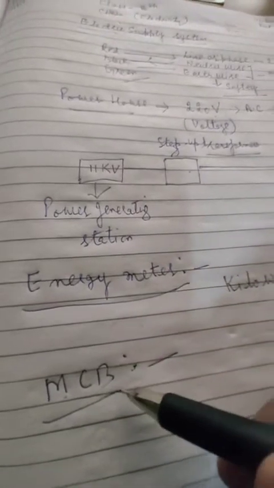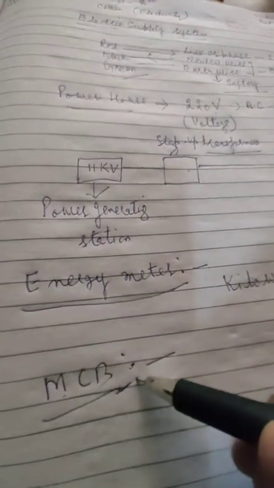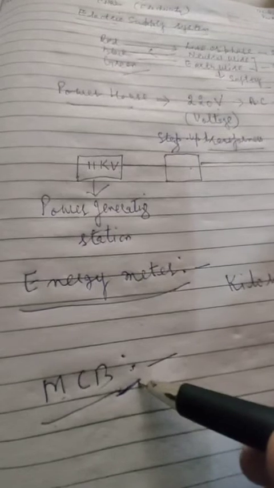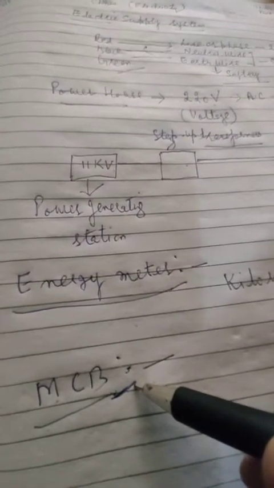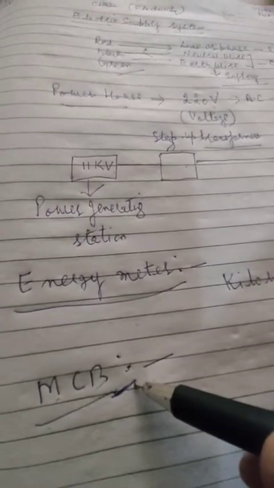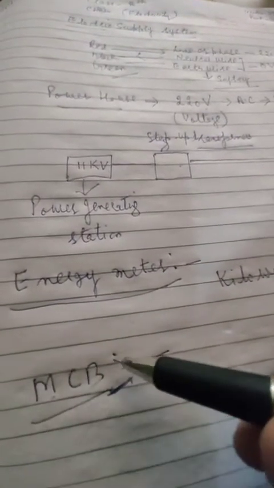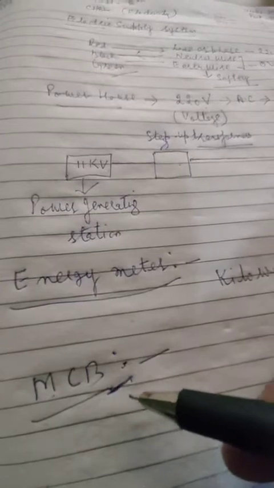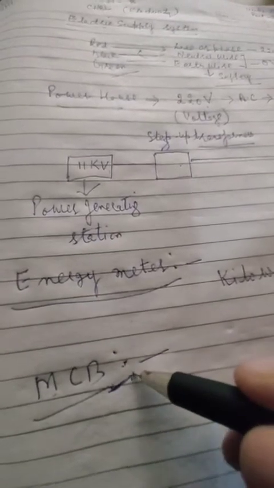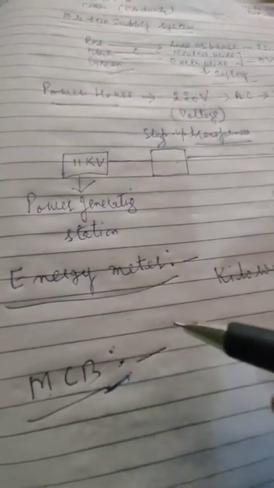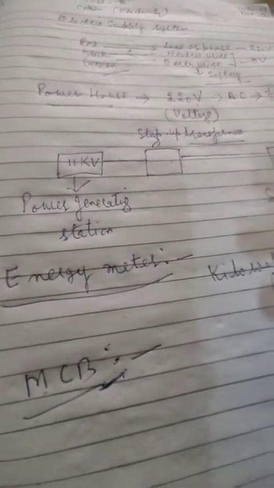And this is also a safety measure. When a large amount of current starts flowing through the circuit, it automatically gets tripped since it is an electronic device, and the supply is cut off.